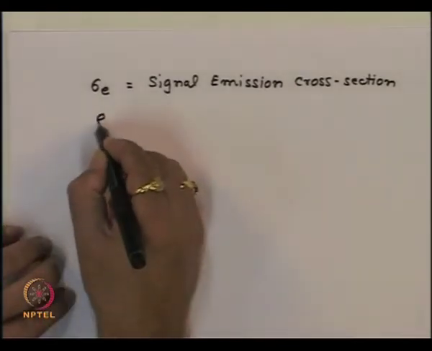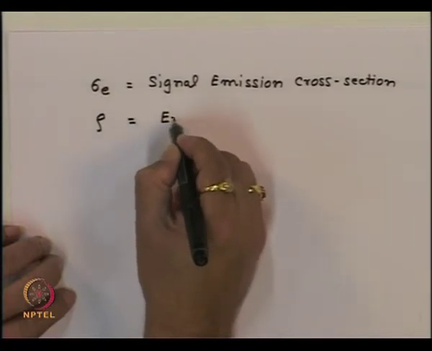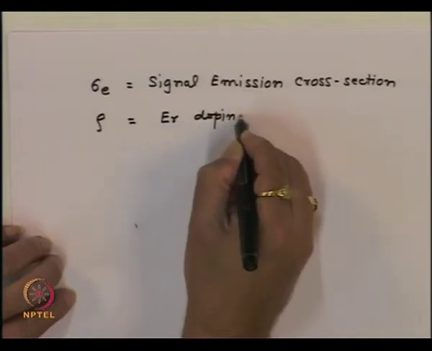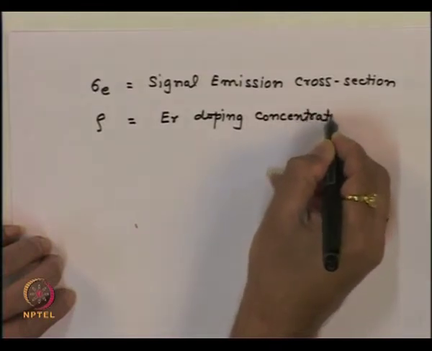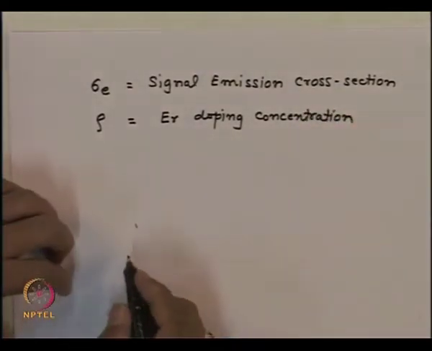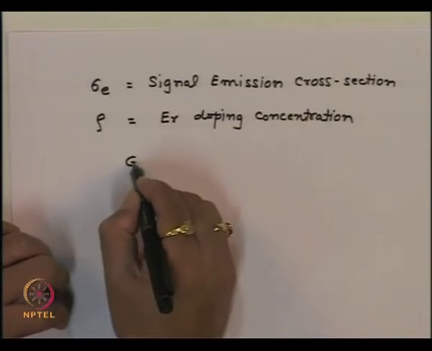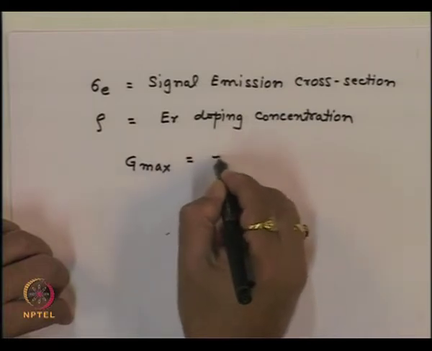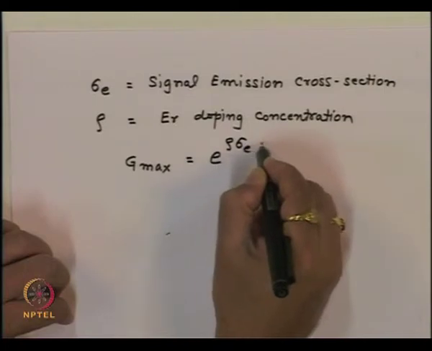And let us say we have a parameter called rho, which gives the erbium doping concentration inside the core. The maximum gain which the amplifier can give, G max, is e to the power rho sigma E into L.